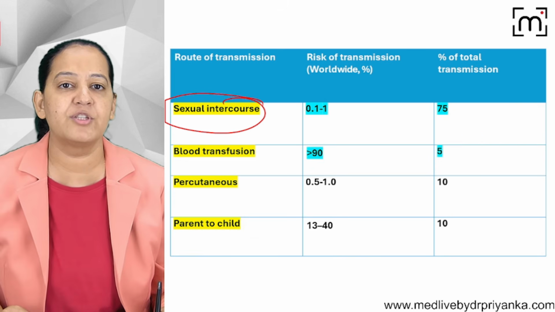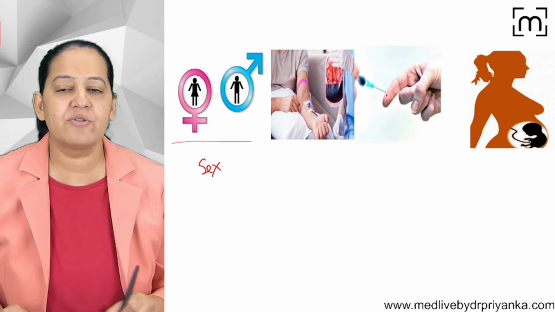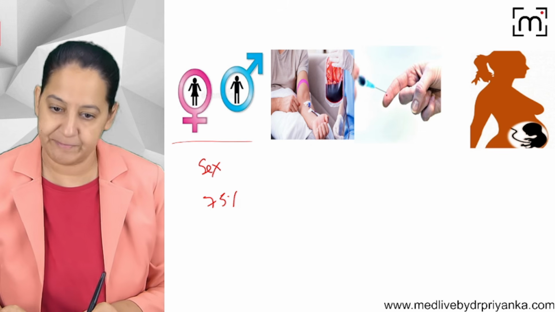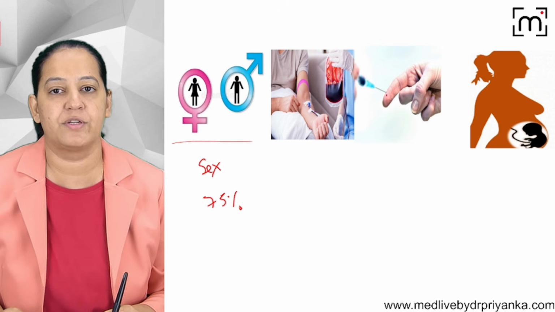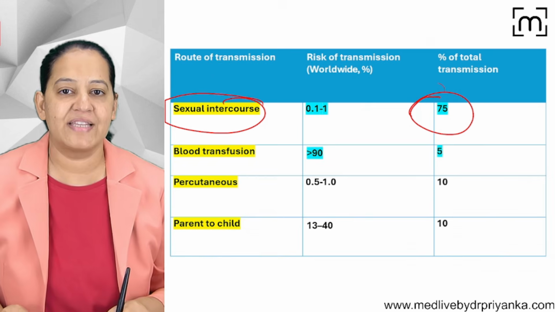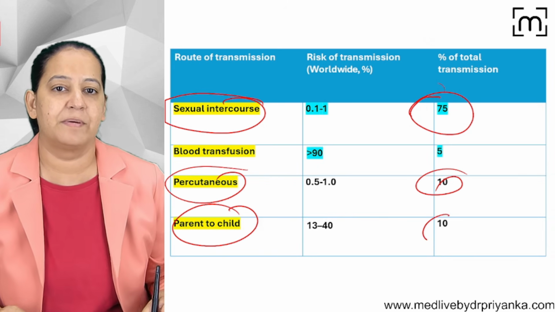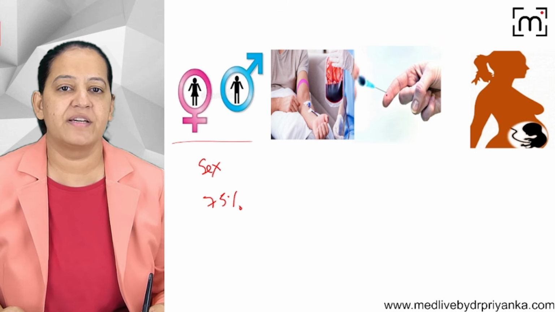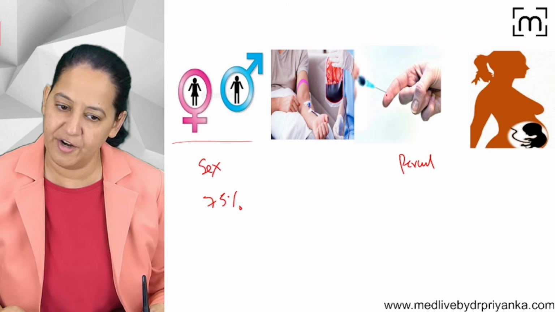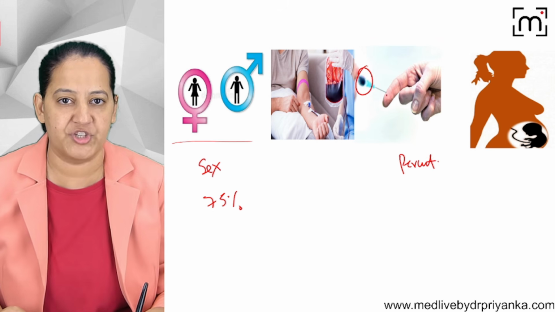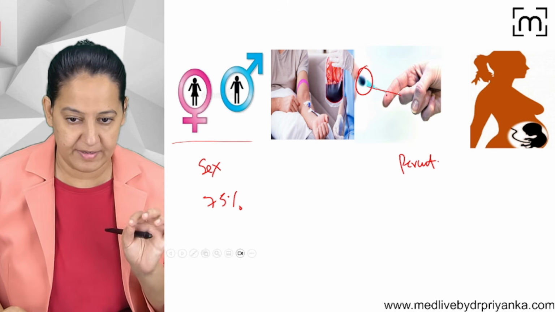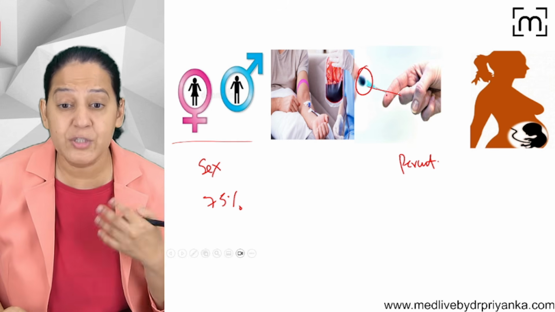Out of the total percentage of transmission, 75% is due to sexual intercourse. The second most common way is percutaneous and vertical. Percutaneous is 10%: needle prick injury from a positive patient, or you can say instrument injury.